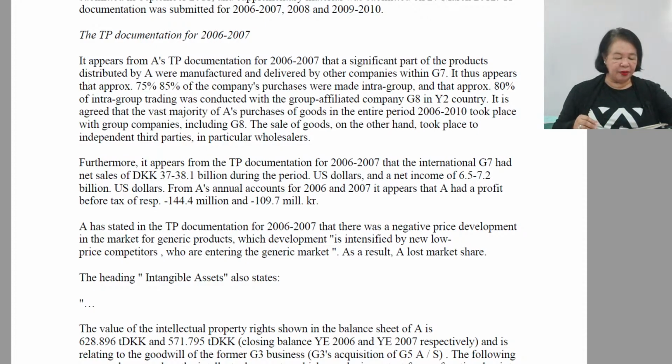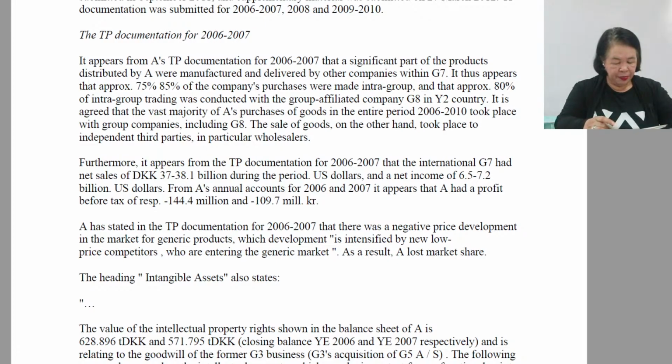So furthermore, it appears from the TP documentation for 2006, 2007 that the international G7 had net sales of DKK, Danish krone, 38.1 billion. No? So during the period, US dollars and a net income of 6.5 to 7.2 billion.